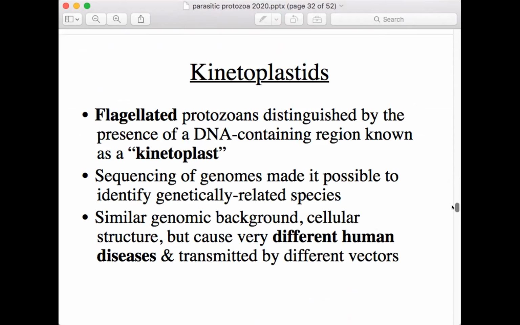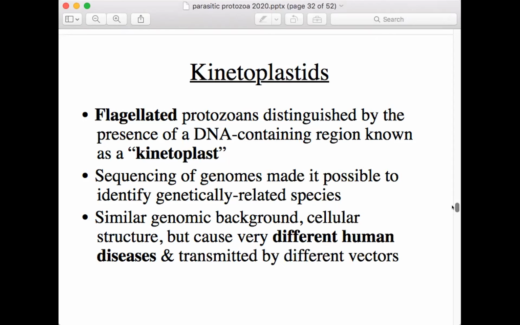Today, we're going to look at some special types of flagellated protozoans, all right? And these groups are called kinetoplastids. Kinetoplastids are a type of parasitic protozoans that we look at. These are flagellated protozoans that are basically characterized by the presence of a large mass of DNA, and we call that region a kinetoplast.